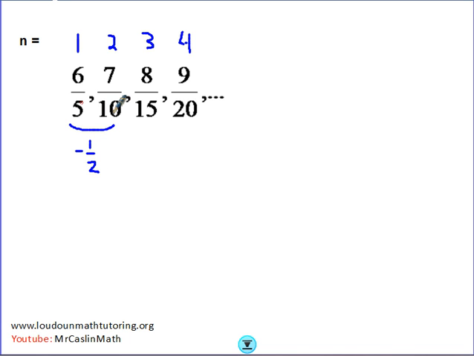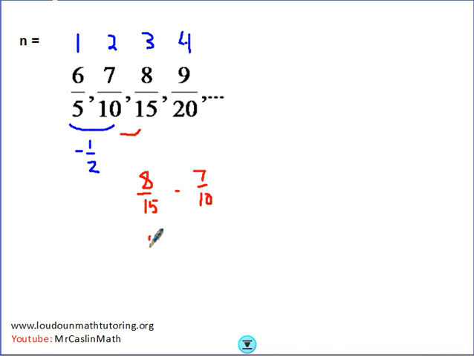Let's look at the difference in the second two numbers. Again, you have an 8/15 minus a 7/10. You need a common denominator to do this. It looks like a 30.